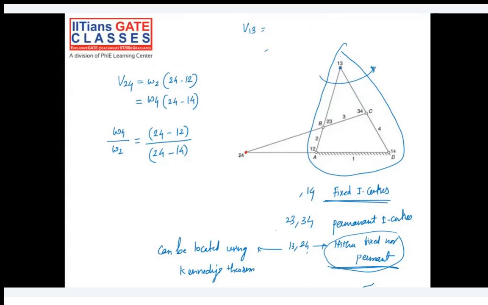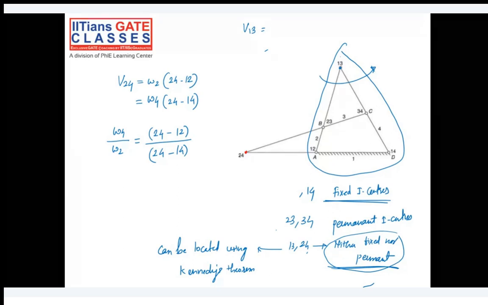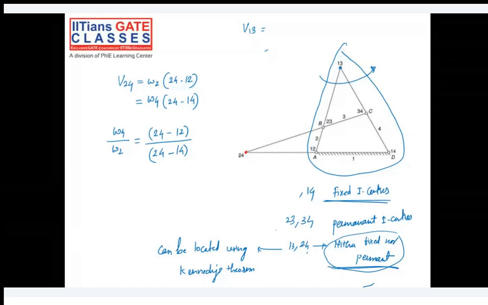Yeah, so in the same way, we will do as we have done here. It's link number 3. So basically, for link number 3, you have to use omega 3 times 1 3 to 2 3. Okay, why not 3 4?